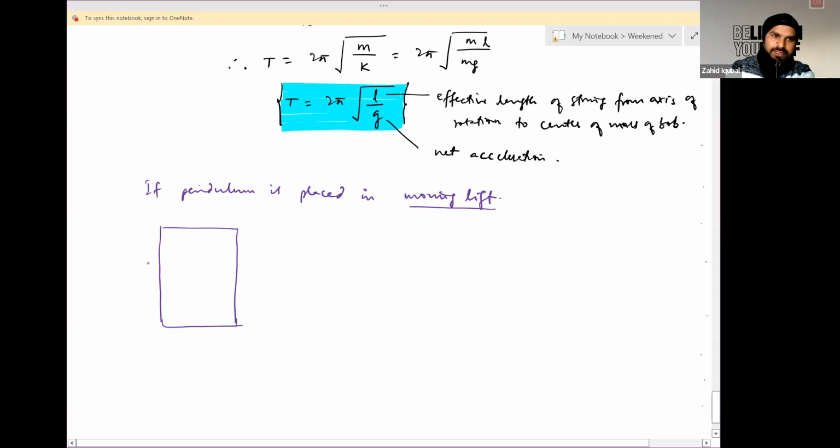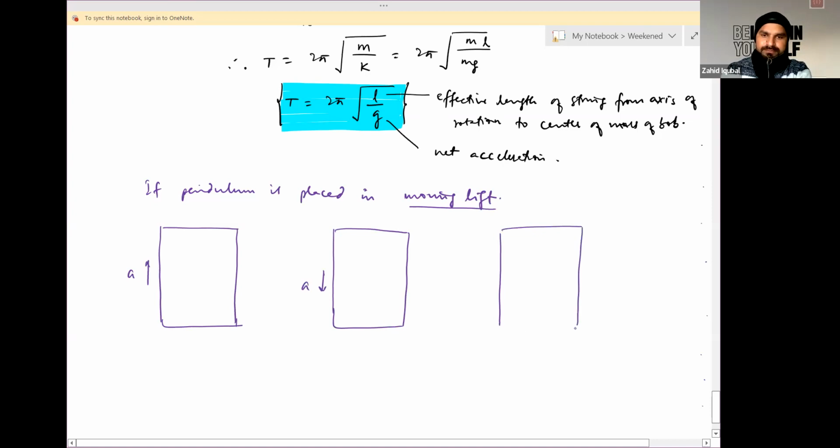First, accelerating upward. Second, accelerating downward. And third, free falling. In this part, downward acceleration will equal g.